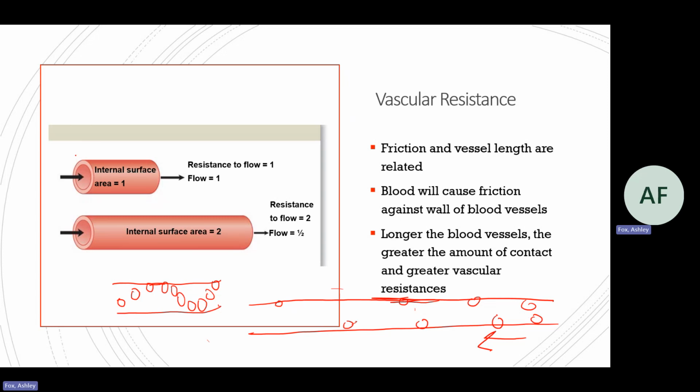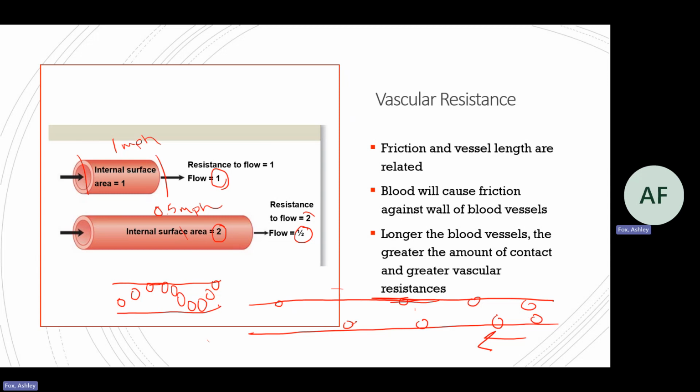Resistance to flow with this short blood vessel, say it's 1. Well, you double the size of the blood vessel, so the area is 2, then you're going to halve the flow. Meaning this blood vessel, if it's flowing at, I don't know, 1 mile per hour, again, it's not going that fast, but just showing you, then this would be going through at half a mile per hour.